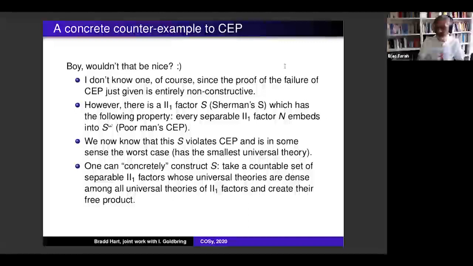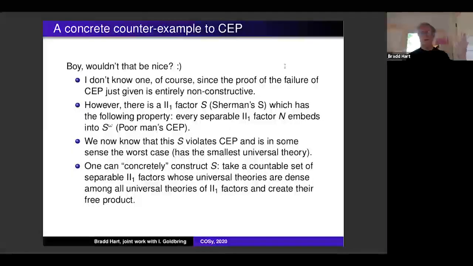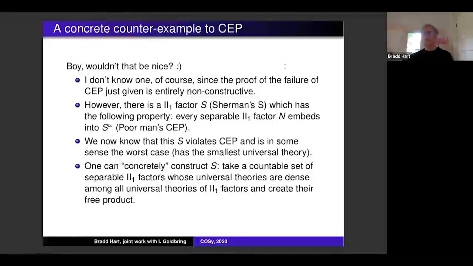Yeah. Well, the reason is Ozawa proved that there is no universal 2-1 factor. So S, I mean, no matter what you choose, it's not going to be universal. So there are actually going to be continuum many S's. There'll be lots of S's. Or another way to see it is that from S^omega itself, you could take any elementary submodel that contained S, and there's going to be lots of them.